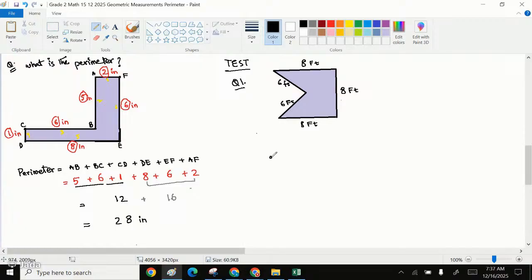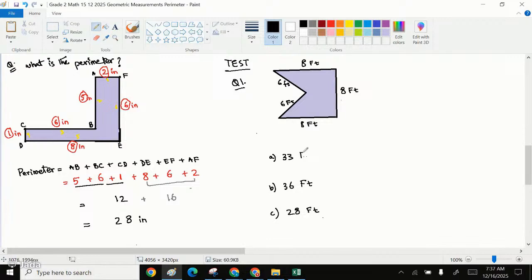Okay, the options given are 33 feet. Option B is 36 feet. And the option C we have is 28 feet. Can you people try this question and we'll continue with this?